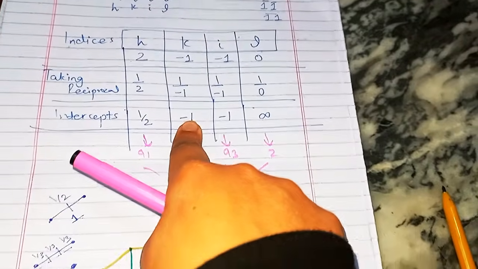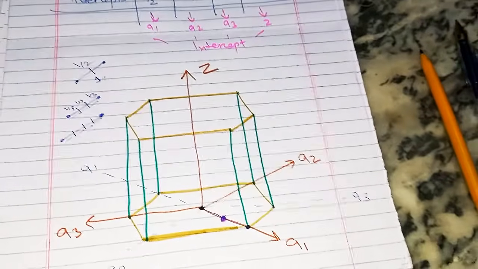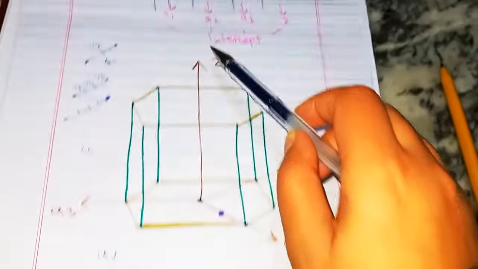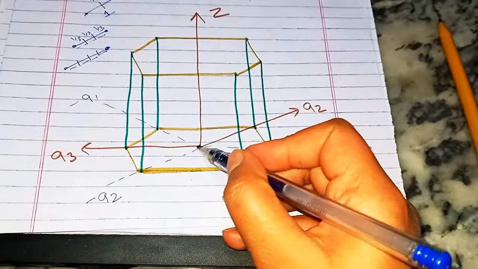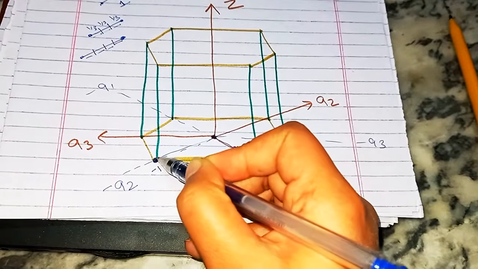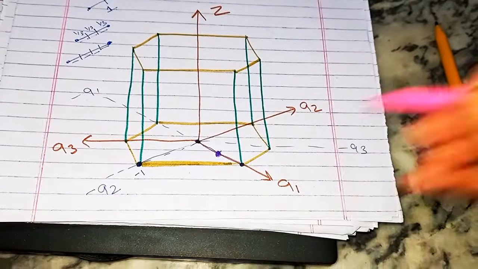All right, next is the A2 intercept, which is -1. A2 intercept is -1, really simple. This is positive A2 direction, negative A2 direction, -1. So starting from origin again to the other corner of the unit cell, which is this corner, -1. This is another point on the plane.